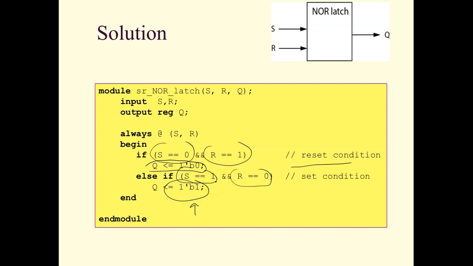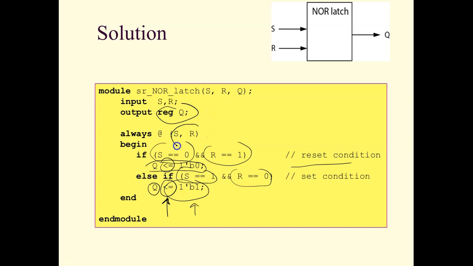The thing to notice about this one is it is a sequential circuit, so we are using non-blocking statements in here. Additionally, we are assigning Q as part of the always block, so we have to declare it as a reg here.